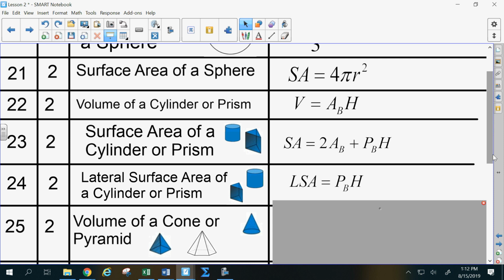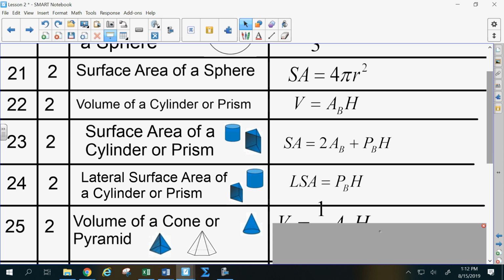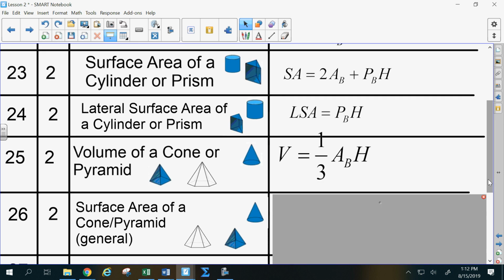Which one has the bigger volume, the cone or the cylinder? So we can see that the cylinder is bigger. Does anybody remember the relationship? How much smaller is this one or how much bigger is this one? Okay, it would take 3 cones to fill up the cylinder. So the volume is 1/3 the volume of the cylinder. So 1/3 area of the base times the height.